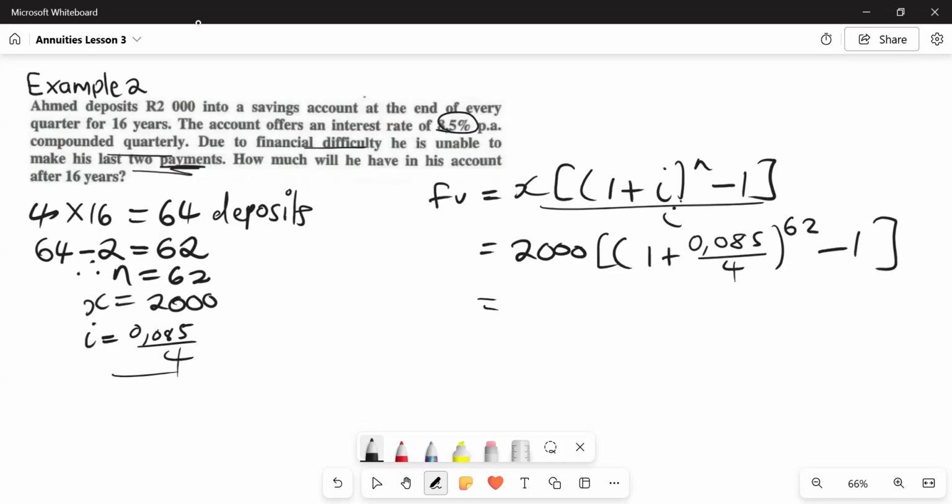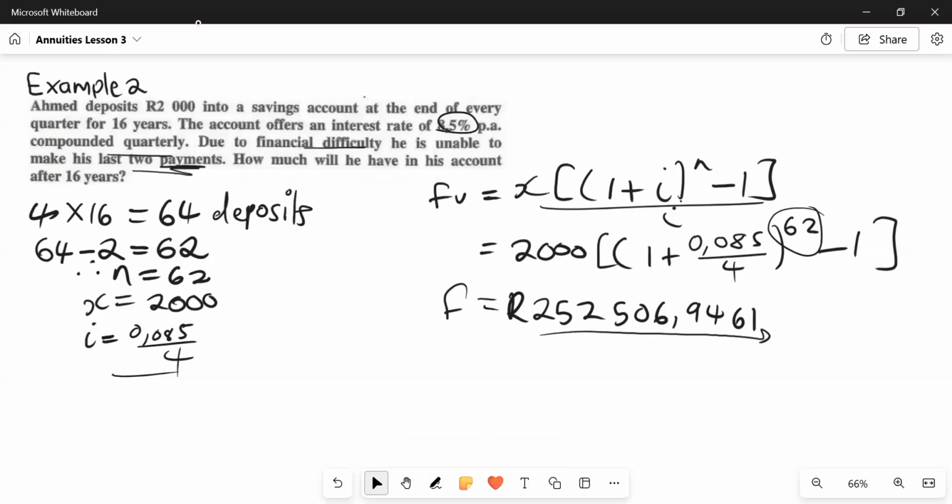And then you will get 252,506, and this is the amount for only 62 payments, right?